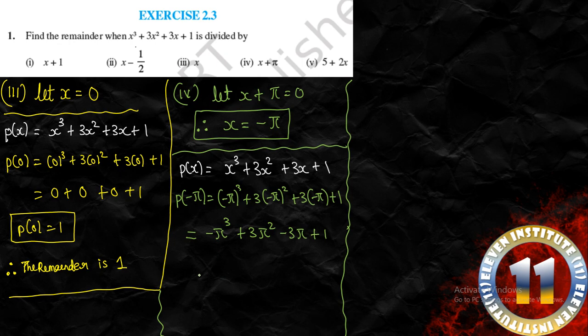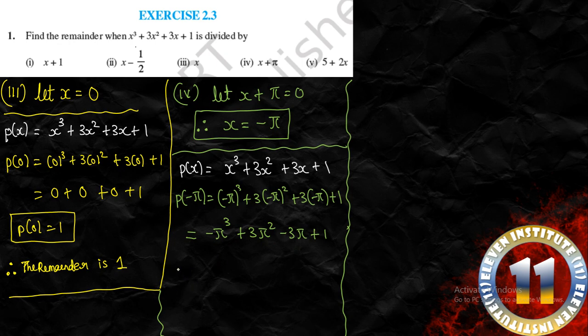Now one thing is obvious that even if you put the value of pi over here, which is 22 upon 7 or 3.14, the answer is not going to be 0. So it is not necessary to put the value of pi. In case you want to do so, try at home. Here it is not necessary, this is our remainder, right? But in case you wish to, you can put the value of pi over here.